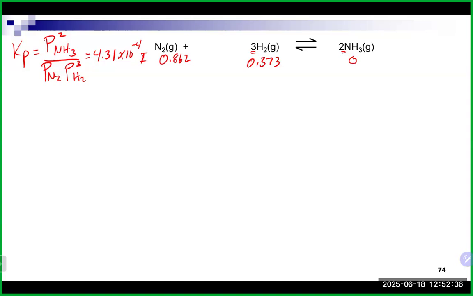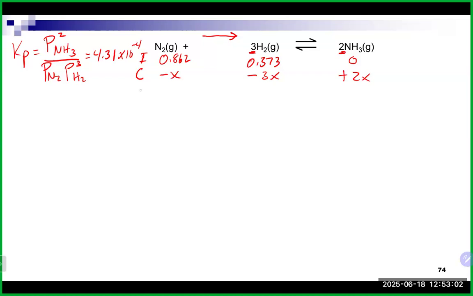That also tells us, like we did previously, that this reaction should be heading in this direction towards the product side. That would be our minuses on the left and our pluses on the right. So we'll put those in. It's going to be minus x, minus 3x because of our coefficient, and plus 2x because of the coefficient here.